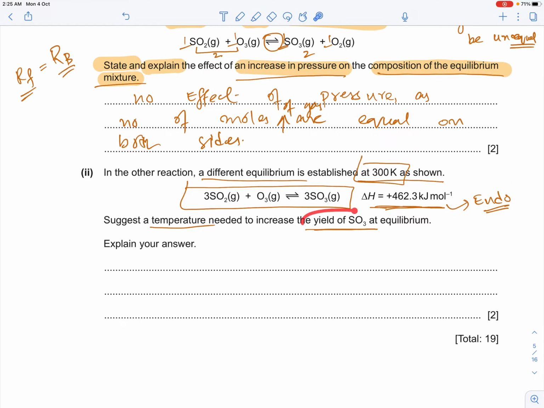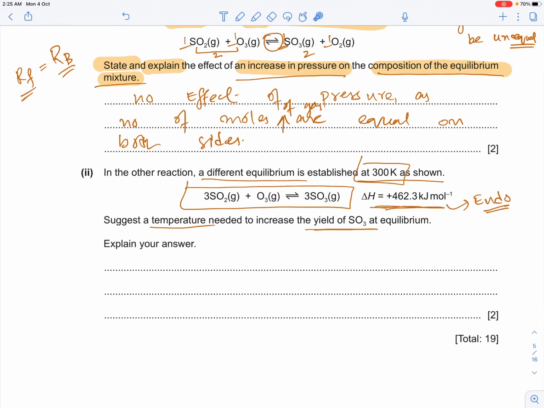So we have to increase the yield of sulfur trioxide, which means we need to perform the forward reaction, and the forward reaction is endothermic in nature, which favors high temperature, right? If you want to move in the direction where the endothermic reaction is happening, you have to increase the temperature.